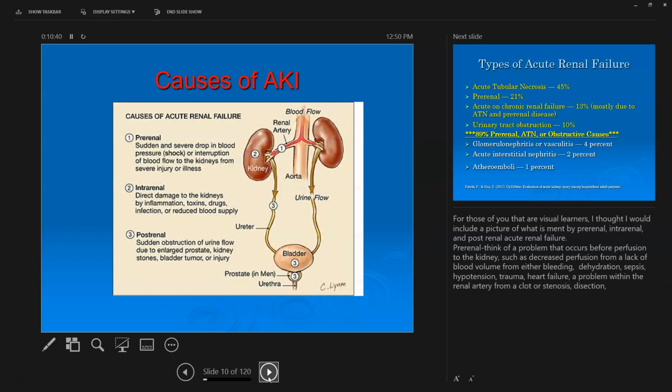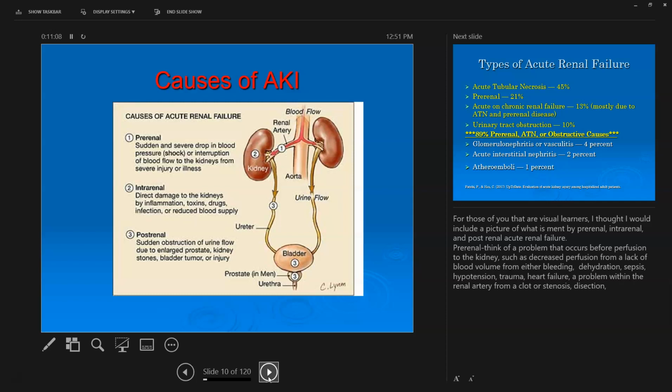So then you have the third. This is number 1, this is number 2, and then number 3, the areas within the kidney system where you can get renal failure. So this is all post-renal, or you'll say obstructive. We already talked about one.